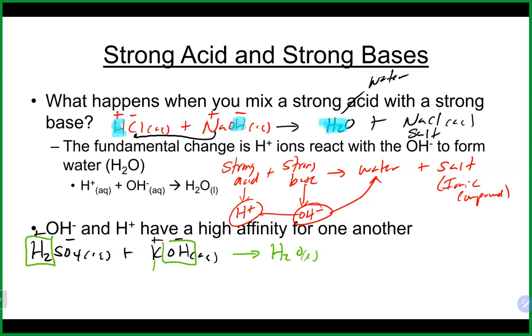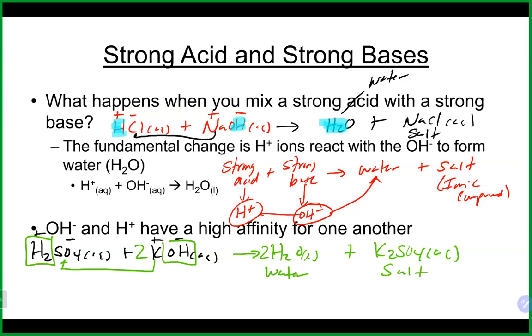And then basically put the other two guys together correctly. So that is K plus and SO4 2 minus. That will give me K2SO4 in this case, and a little balancing would be probably good as well. I think I need like a 2 here as well. And this again would give us our water and our salt in this case.